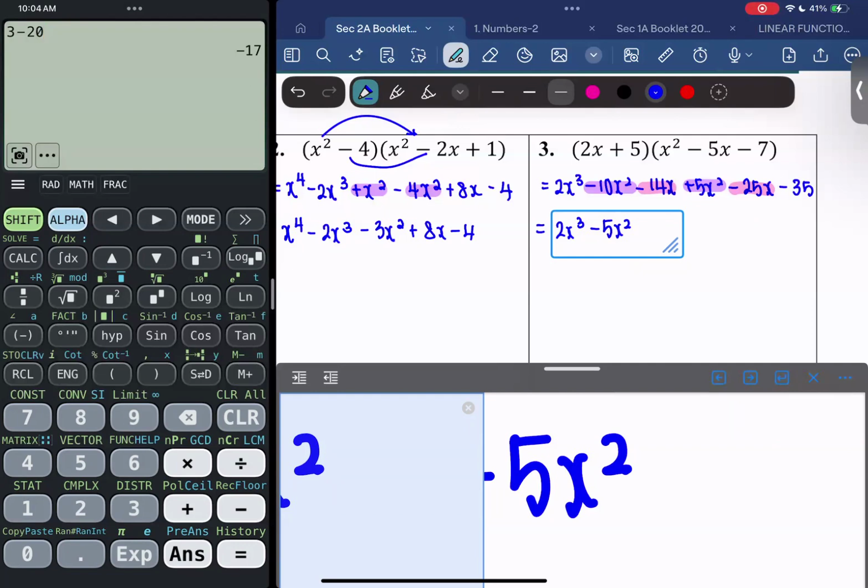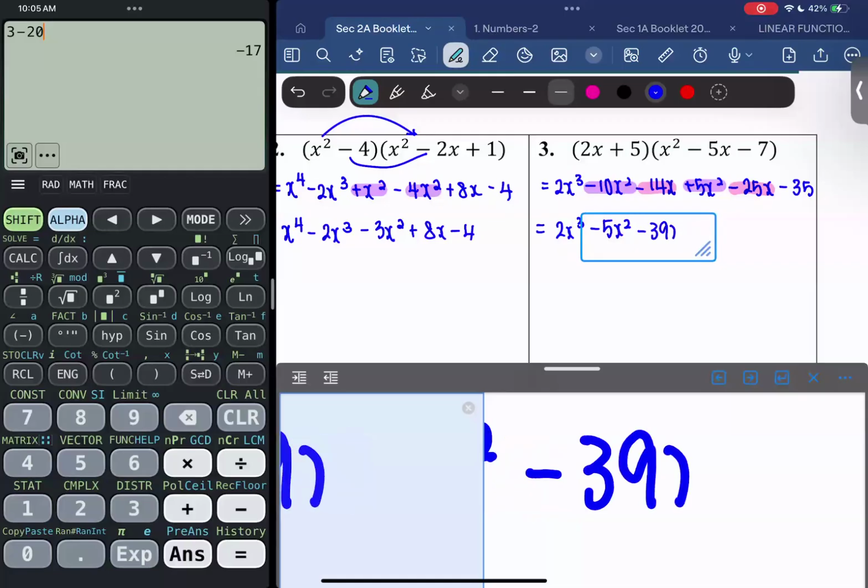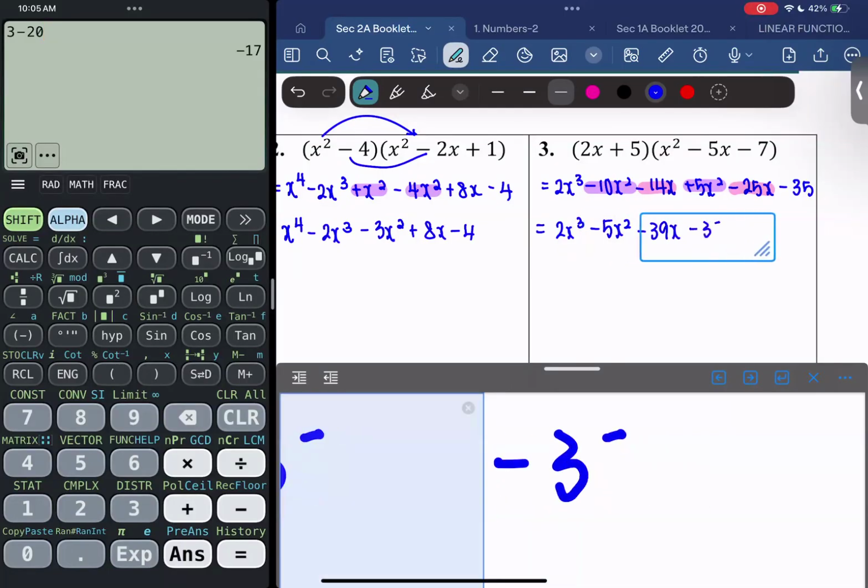Yeah, but is it a positive or is it a negative? Yeah. So we have a negative 39x minus 35.